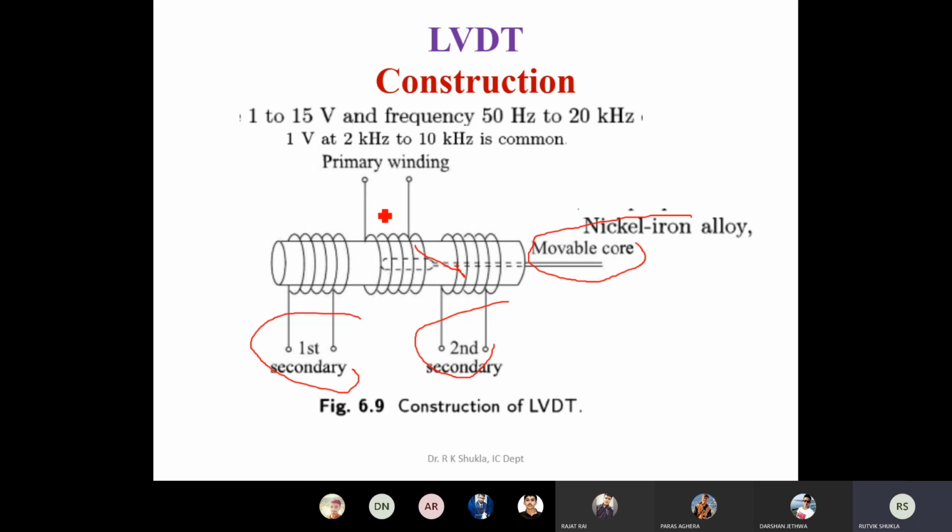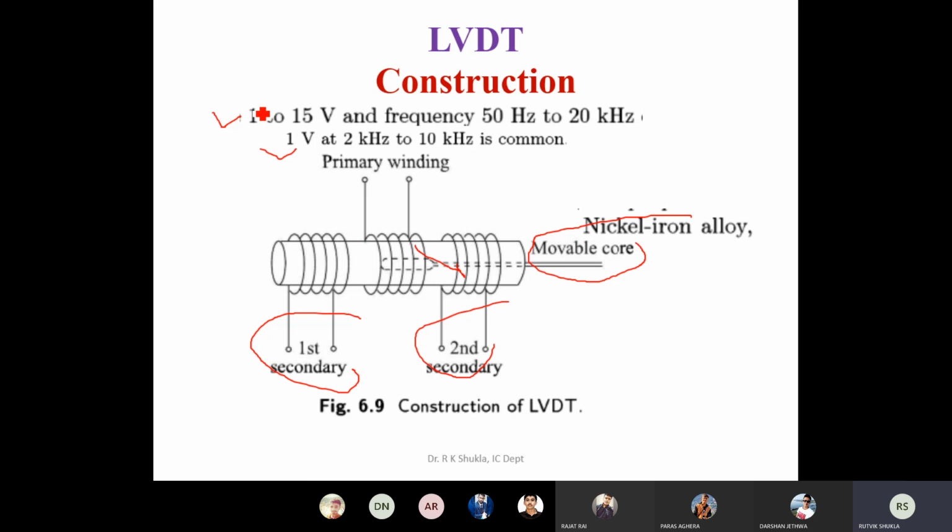Whenever we talk about this particular construction, we always have to look at the excitation we are giving on the primary side. We always say that in a transformer the primary side is supplied with 230 volt and 50 hertz, but in the LVDT, the primary is excited by 1 to 15 volt, meaning lower voltage and higher frequency, not like the other transformer where we give higher voltage and lower frequency, 230 volt 50 hertz.